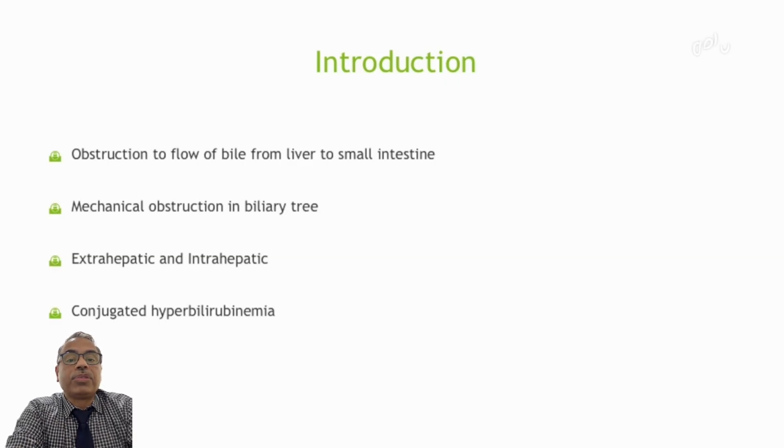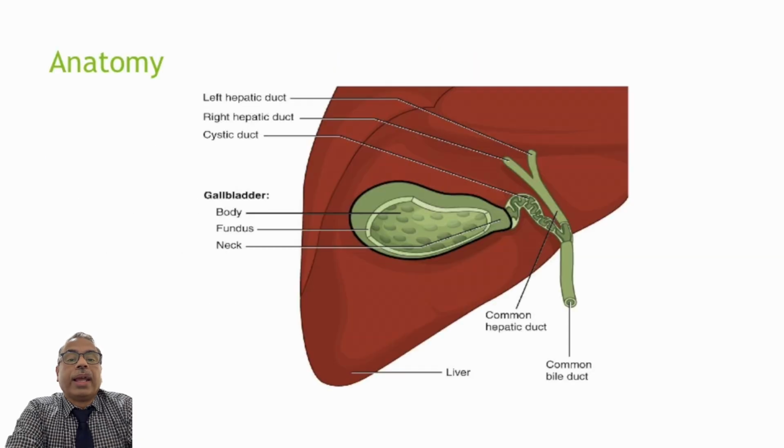This mechanical obstruction can also occur intrahepatically, but here we are more concentrating on extrahepatic biliary obstruction. There are different causes of extrahepatic biliary tract obstruction, which we would see subsequently in our presentation. This type of obstruction would lead to conjugated hyperbilirubinemia, which I would be talking about in more detail in my subsequent slide.